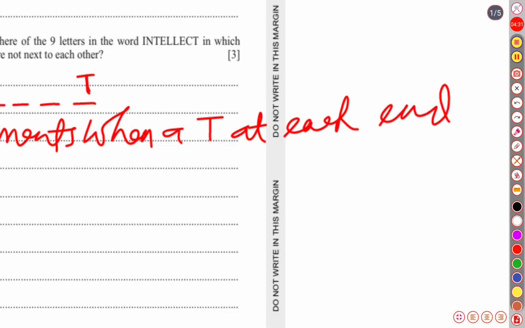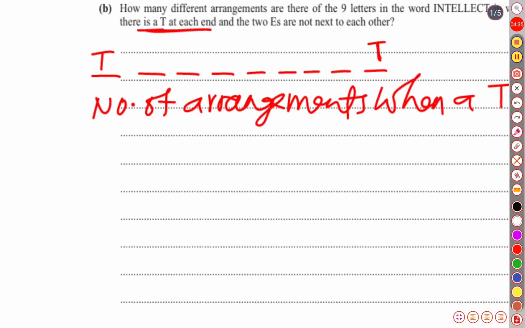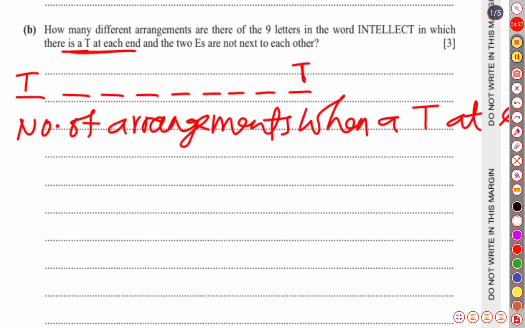So what will be the arrangement if there is a T at each end? If we avoid these T's, then how many letters are left? 7 letters definitely. So it is going to be 7 factorial ways.